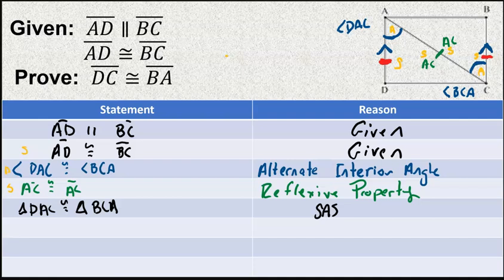The one thing I want to pause here and point out is notice how on line 3 I wrote angle DAC. Then in line 5 I wrote triangle DAC. Those symbols are key to proving.